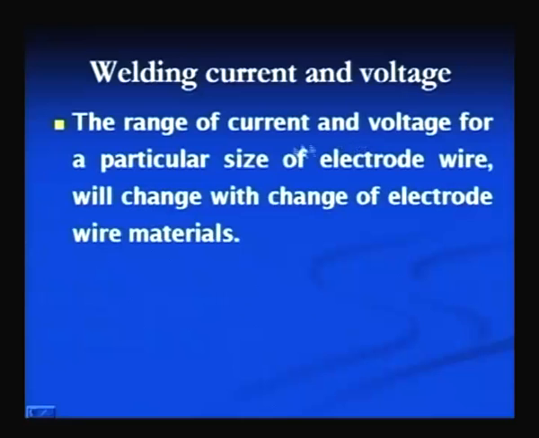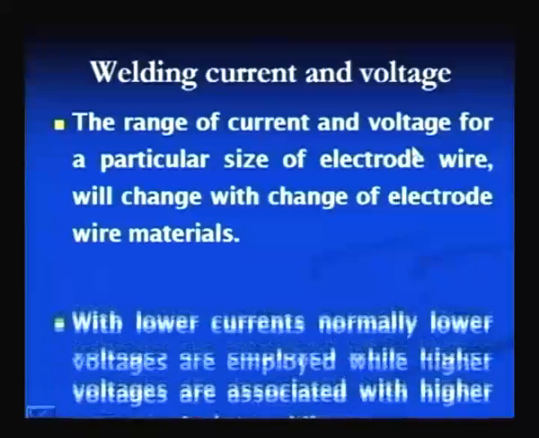So, for a given material, a change in electrode diameter, or for a given diameter, a change in material, both affect the range of current or the voltage which is to be selected. So, according to the type of material and the diameter of the electrode, the proper range of current and voltage is to be selected.